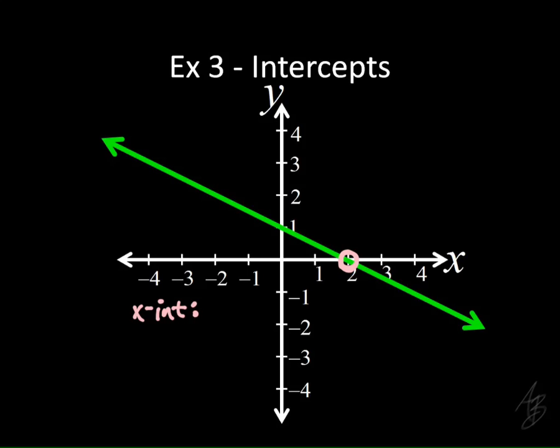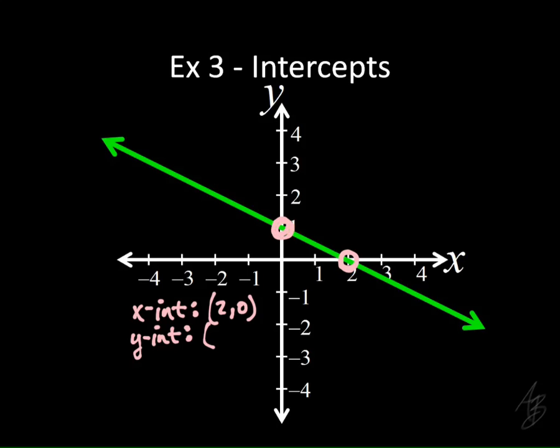What we're going to do, though, is write this as an ordered pair. So what is the ordered pair for this point right here? It's going to be (2, 0). And don't forget the parentheses. Go ahead and write that down. And then the y-intercept is going to be at what point?